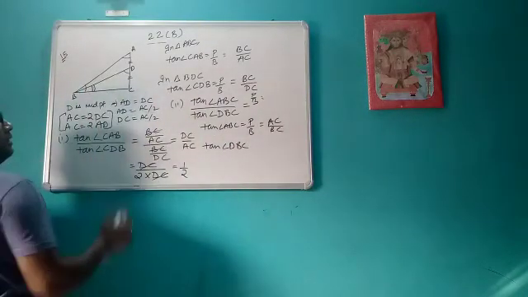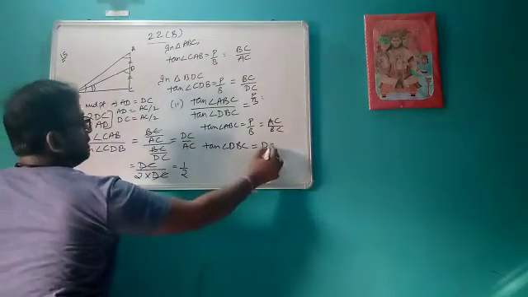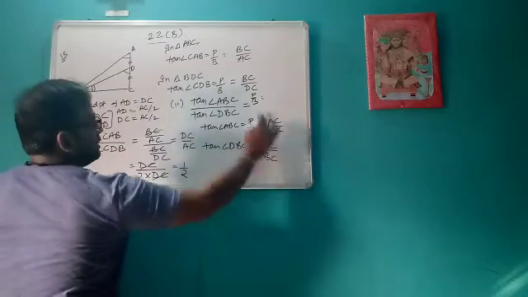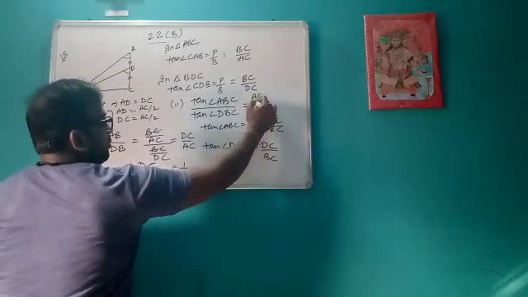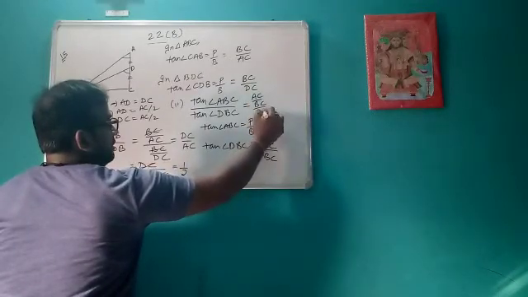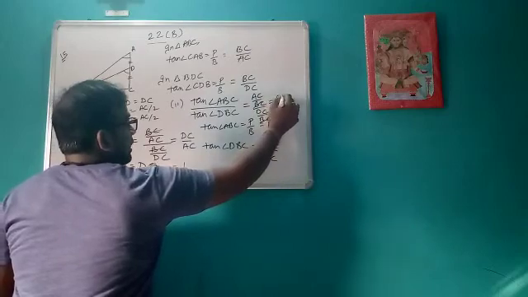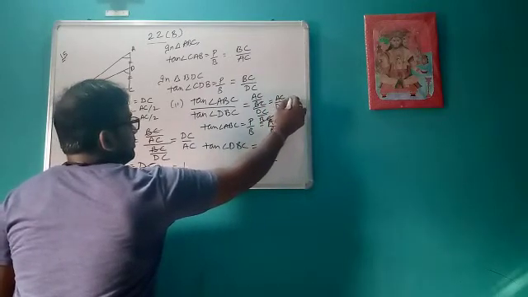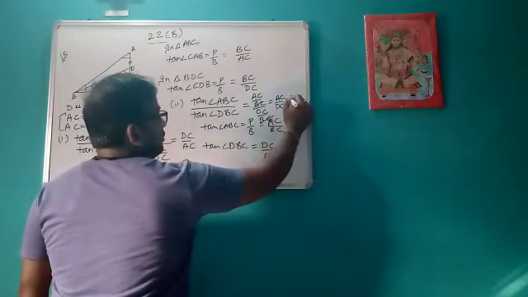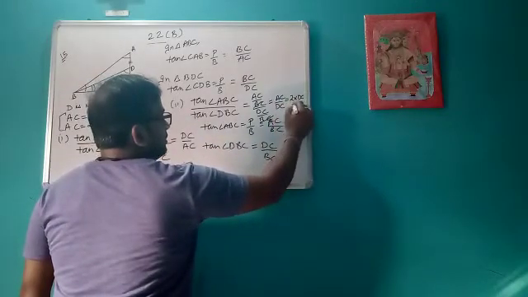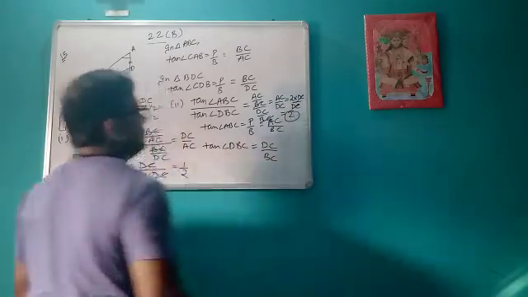For this DBC, the perpendicular will be DC, and the base will be BC. So again we put the values: AC upon BC upon DC upon BC. So BC and BC cancel. You will get AC upon DC. So again AC we can write as 2 into DC. So DC and DC cancel. So our answer will be 2.